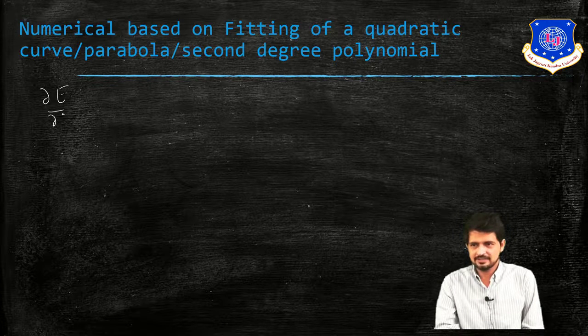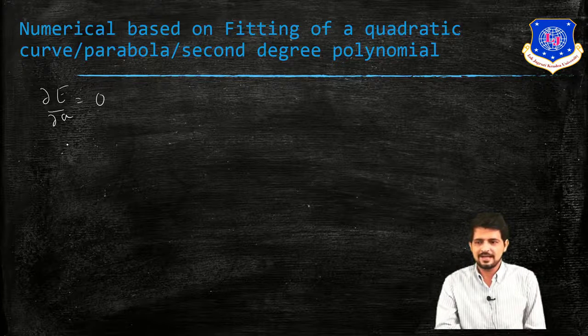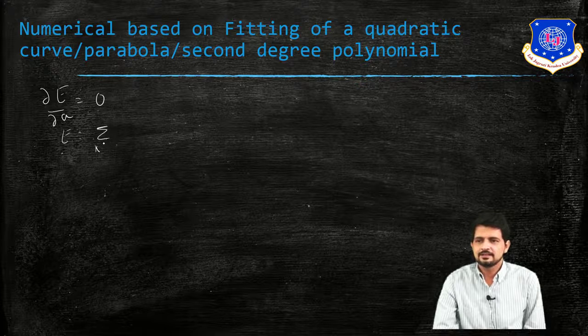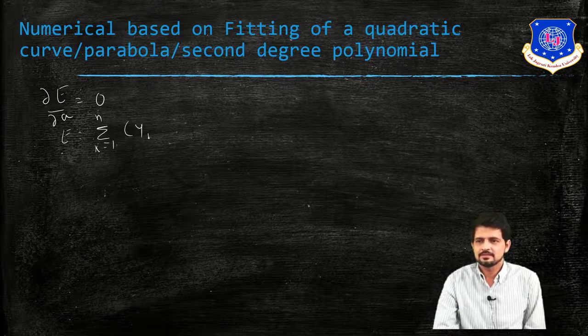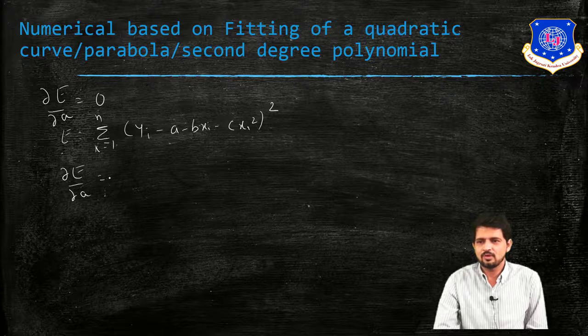My first case is del E upon del a should be 0. Now what is my del E upon del a? See, this is our E: sigma i from 1 to n, yi minus a minus bxi minus cxi square, the whole square. So what will be my del E upon del a?